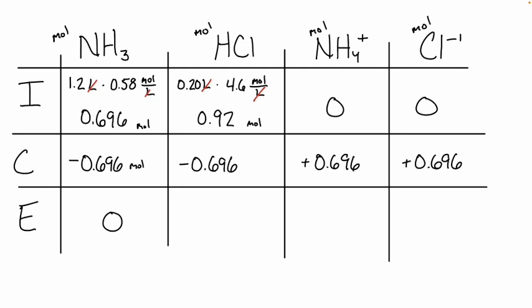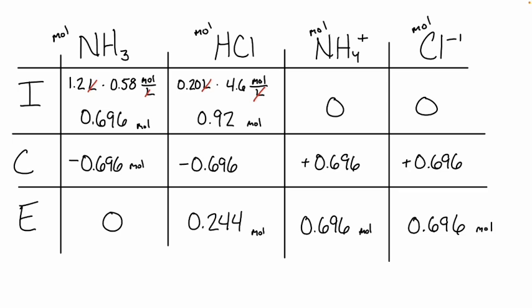That's all been used up in my reaction. But now I have an excess of that strong acid HCl. I have my weak conjugate acid, my ammonium, and my chloride ions. That's what I'm left with at this point in my titration: after my equivalence point, an excess of that strong acid, and then my products, my weak acid and my chloride ion.